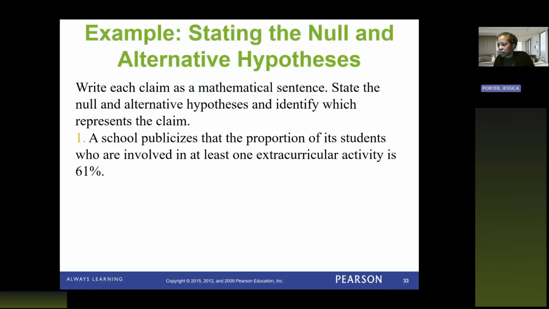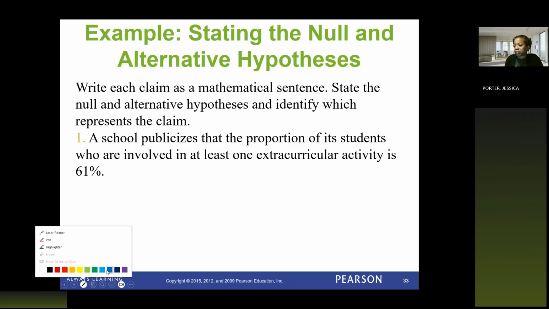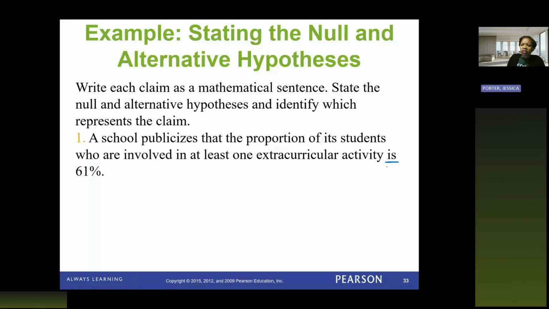We want to know what's the null and alternative hypothesis. Well, a school publicizes that the proportion of its students who are involved in at least one extracurricular activity is 61%. So the operative word is "is." What mathematical symbol do we use for "is"?